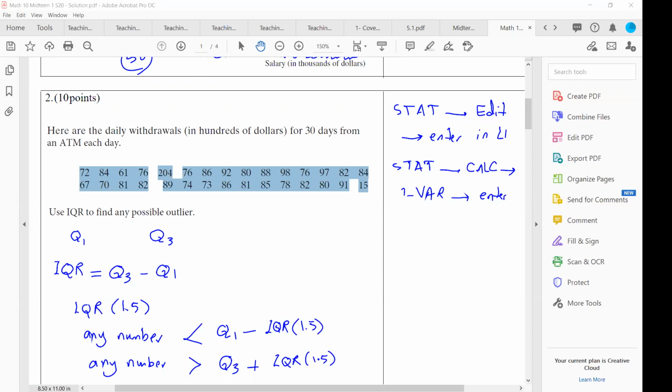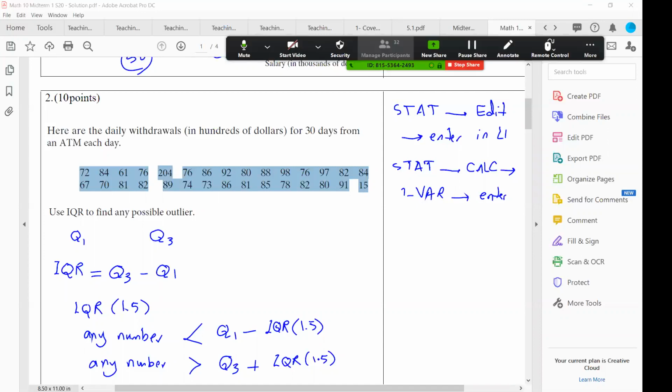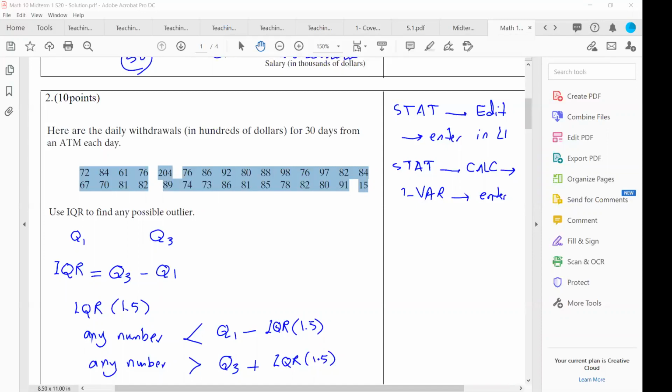I'm using an online calculator. Okay, here we have a sample. So let me share my screen, show you. You can use different calculators. For practice, you can use online calculators.